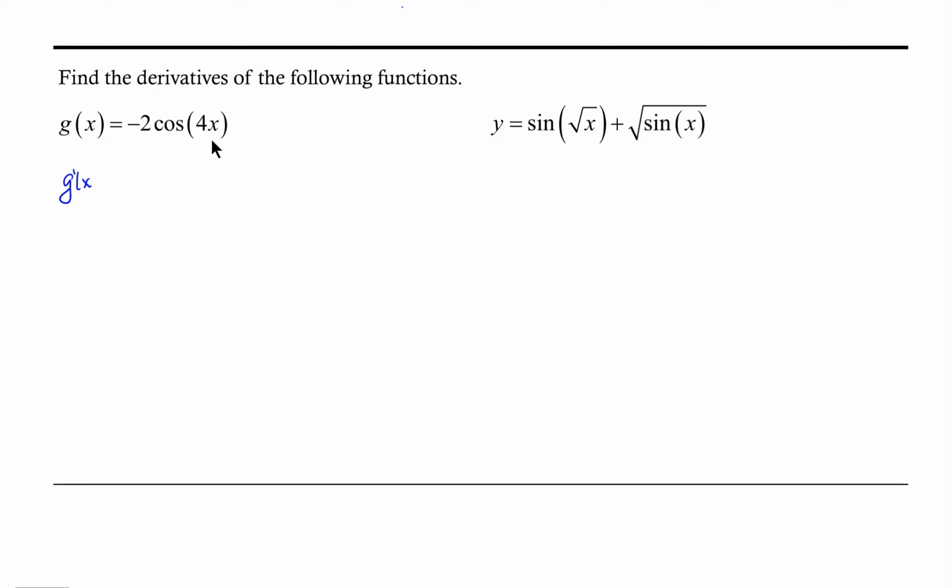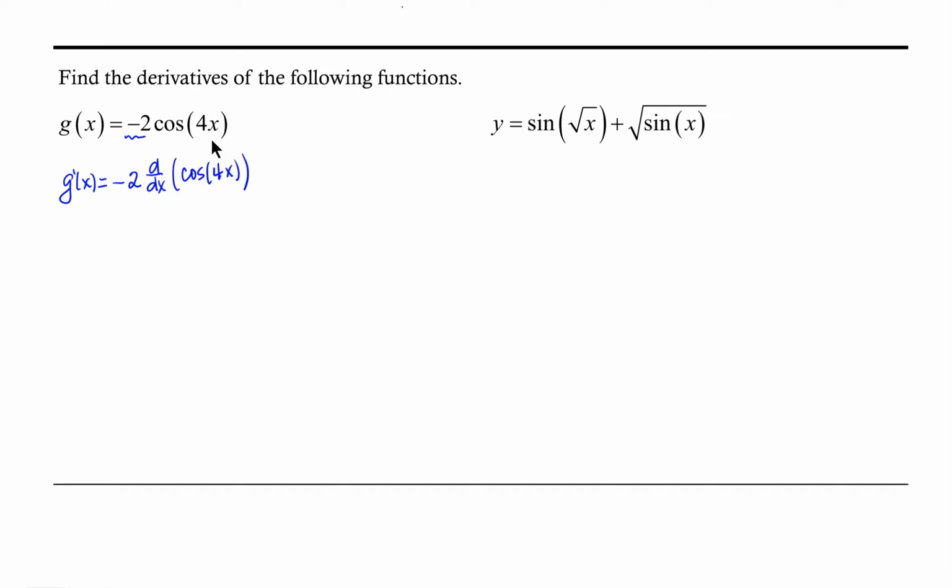So g prime of x is equal to, and now because of this coefficient of -2, we're going to go ahead and apply the constant multiple rule. And so this is -2 times the derivative of the cosine of 4x.